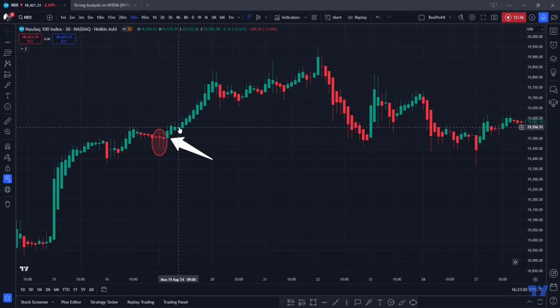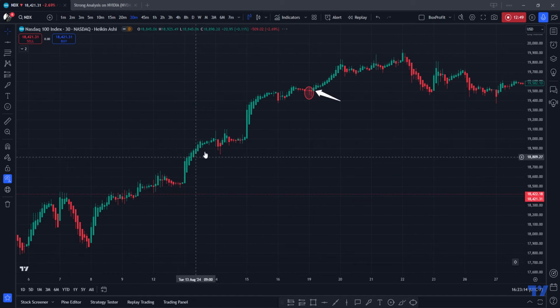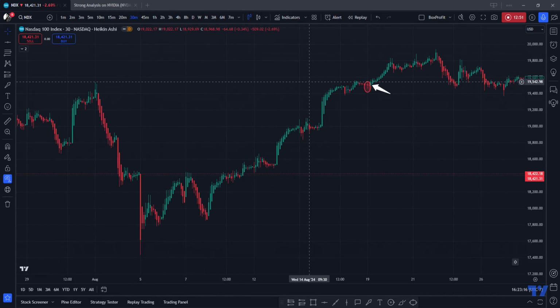Well, this right here did show some wick on both ends, but I will show you how you can eliminate those as well, how you can still stay in the trade when you see those. Previous day, not really easily, but that was, of course, a support and resistance level. I mean, a resistance level at some point. So a breakup through that is what we are looking for.